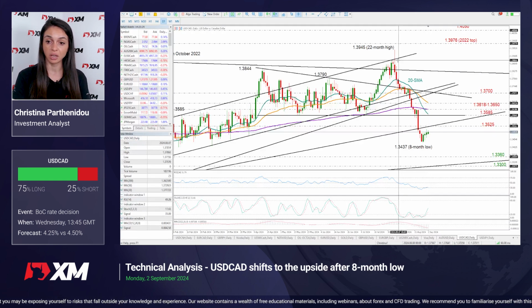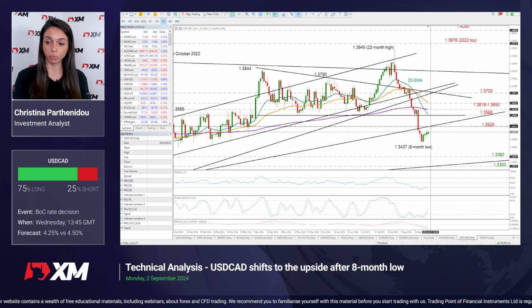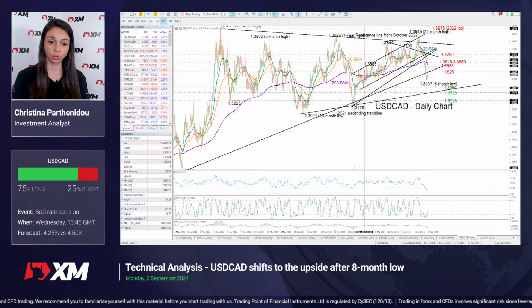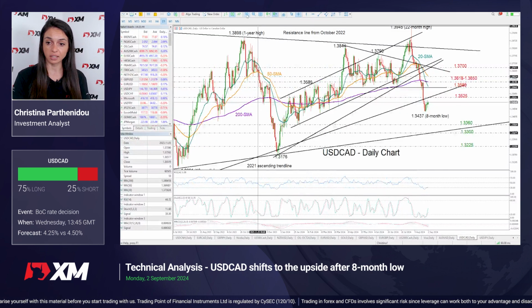Dollar loonie has been trending to the downside throughout August. So only a break above 1.3525 could bring some optimism back into play. This is where this long-term ascending trend line from 2021 is located.